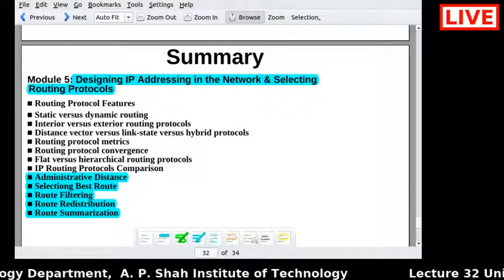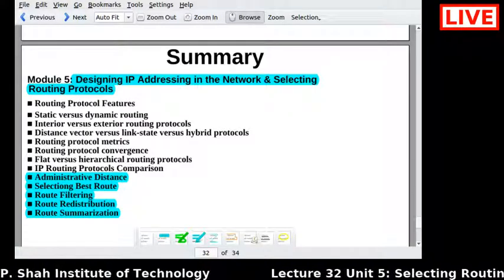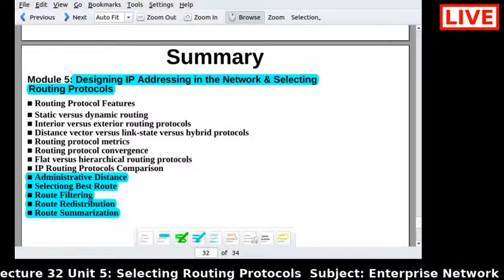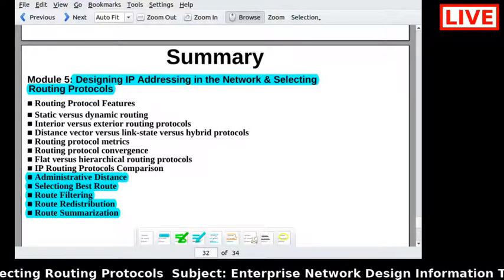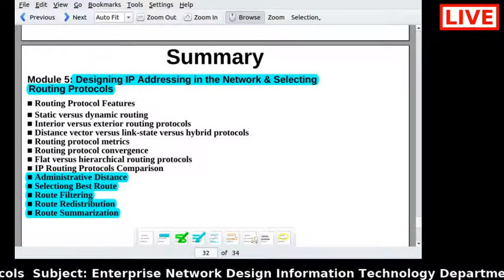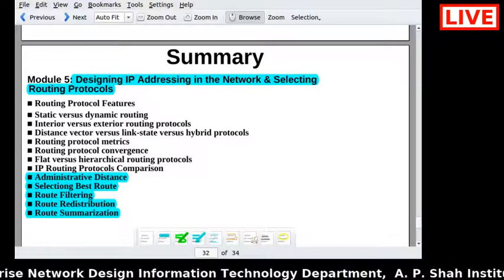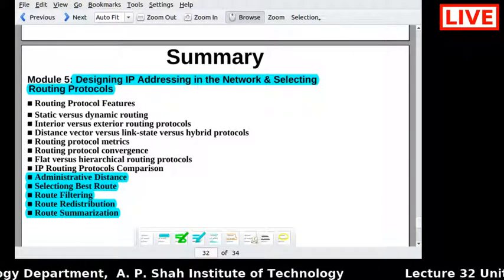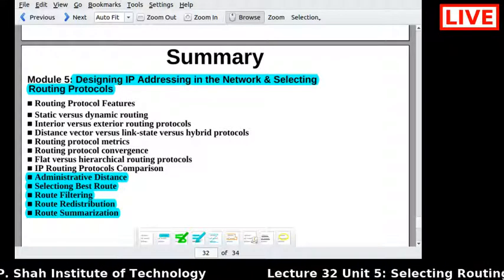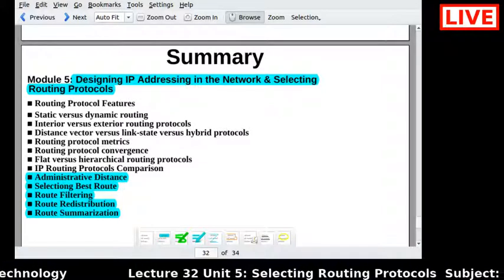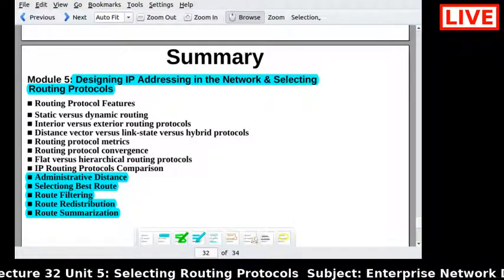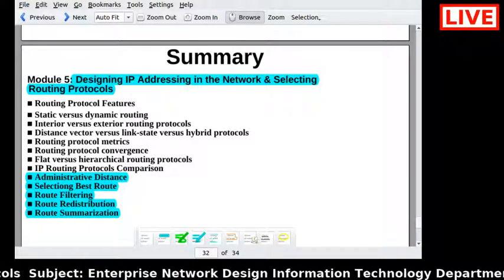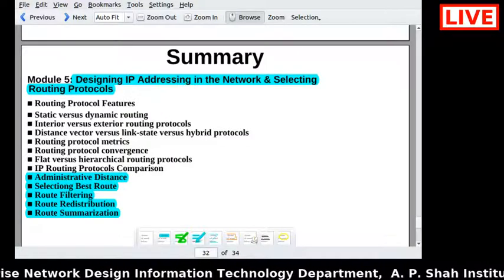Also you need to go through the NDL experiments with respect to this module, experiment numbers 5, 6 and 7. In experiment number 5, I have demonstrated the configuration of a dynamic routing protocol, RIP. The next experiment is about EIGRP, and the next experiment is OSPF. So how you are going to configure all these protocols in Cisco Packet Tracer is explained there, with the help of some CLI and some GUI, how to demonstrate and how to check. So all these things are already there.